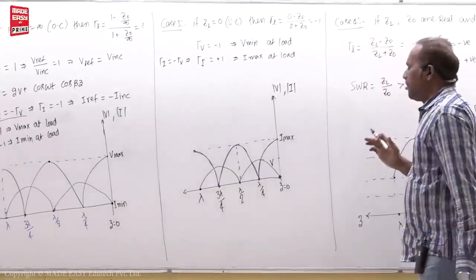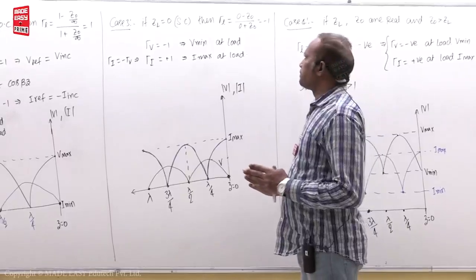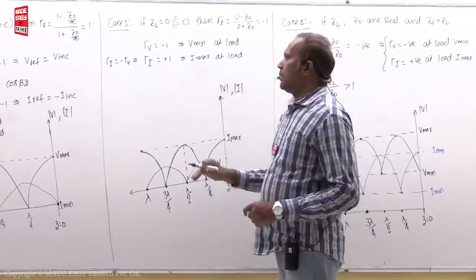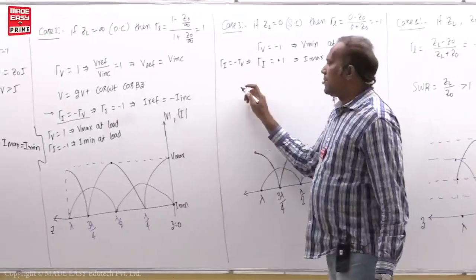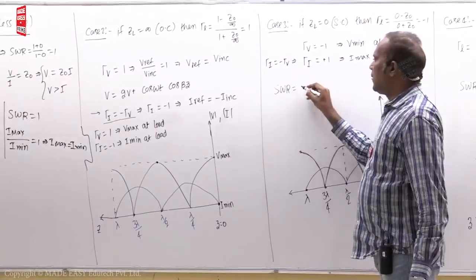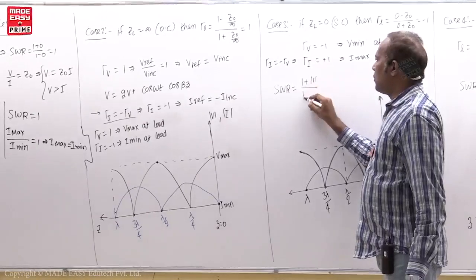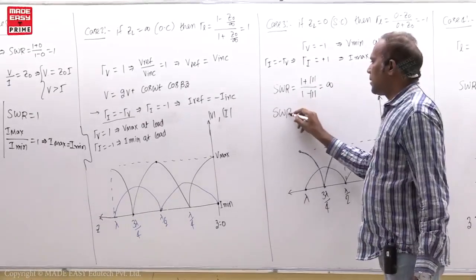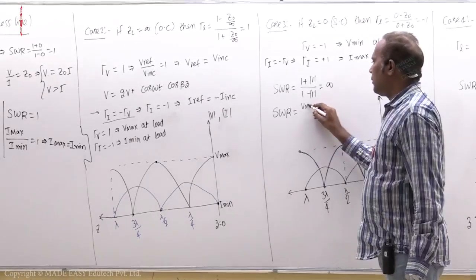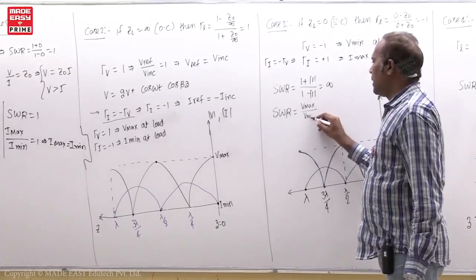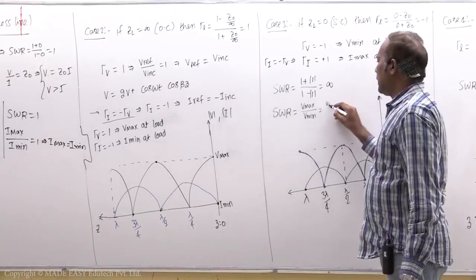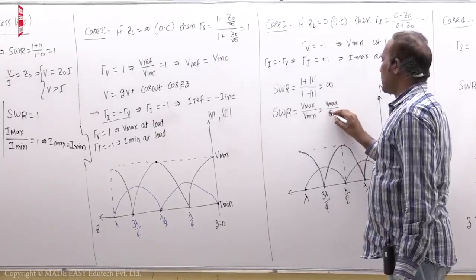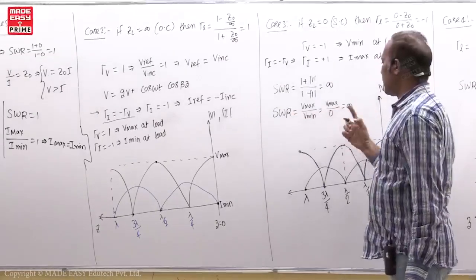So similarly here, you should understand one thing here, dear students. What is that? In this case and in this case, SWR should be infinity. 1 plus mod gamma over 1 minus mod gamma, infinity. SWR infinity means you should understand that V maximum divided by V minimum. So definitely V minimum should be 0, so that then only you get SWR infinity.